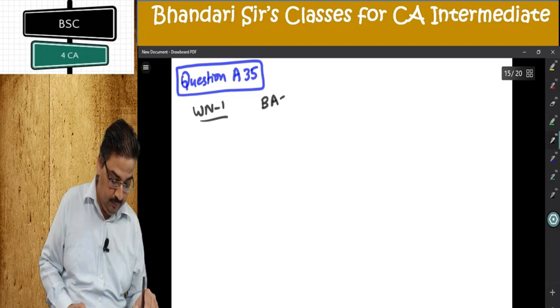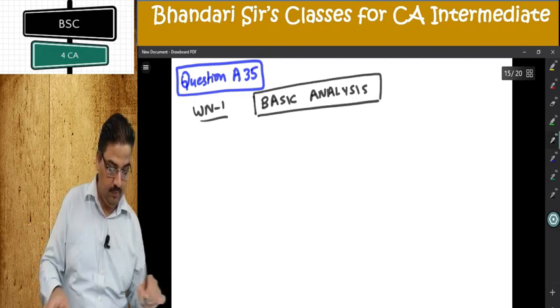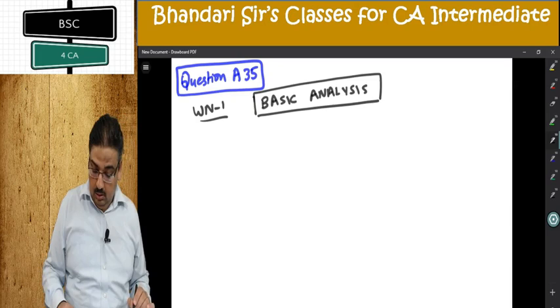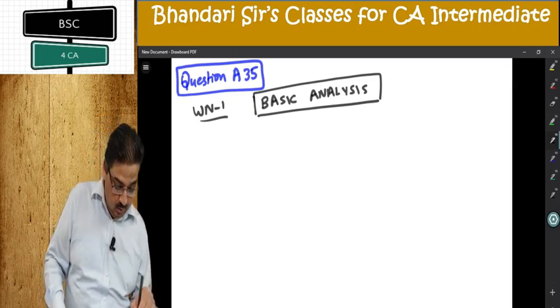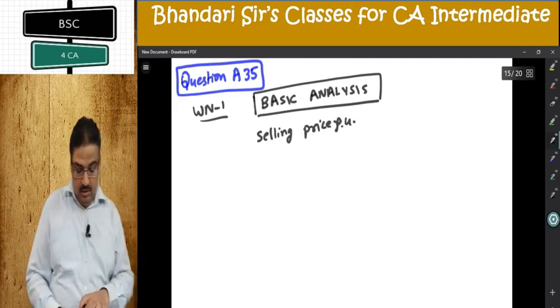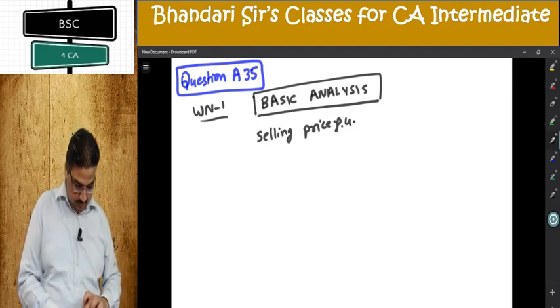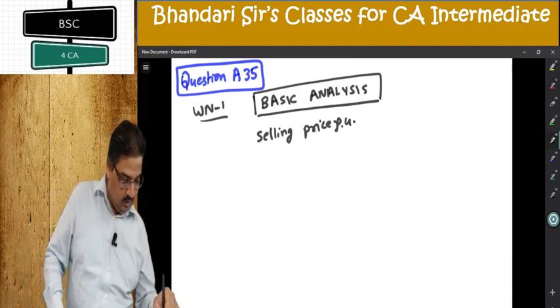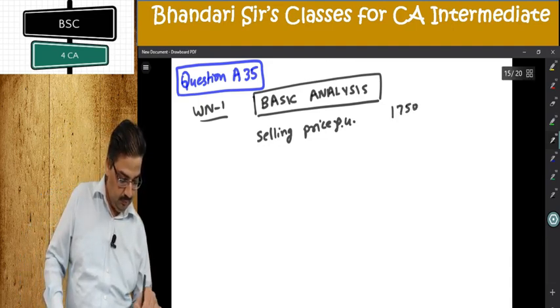Working note 1, basic analysis. Selling price per unit: 700 lakhs divided by 40,000, that is 1750.